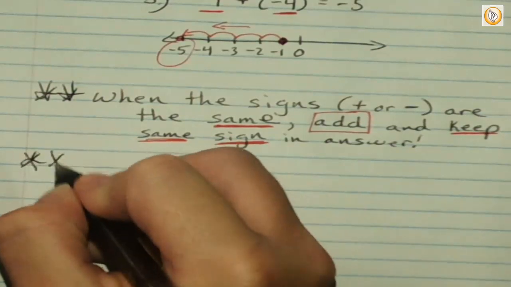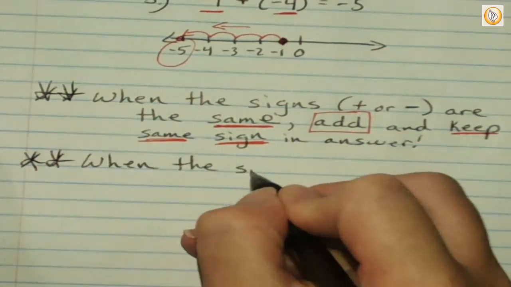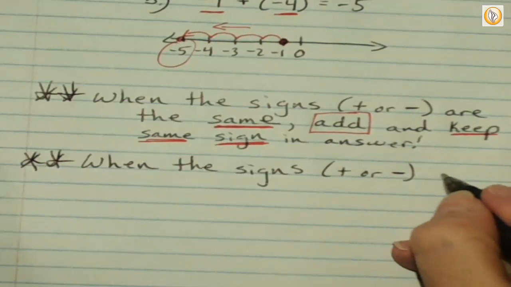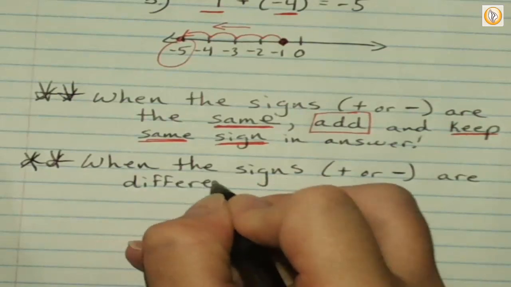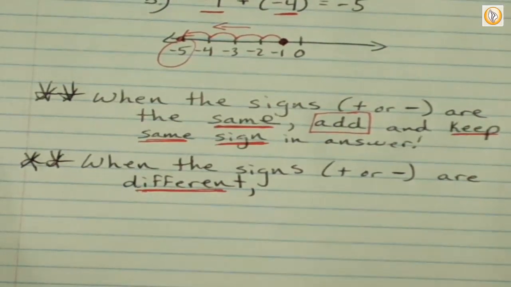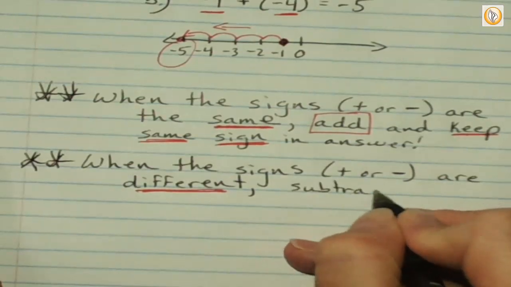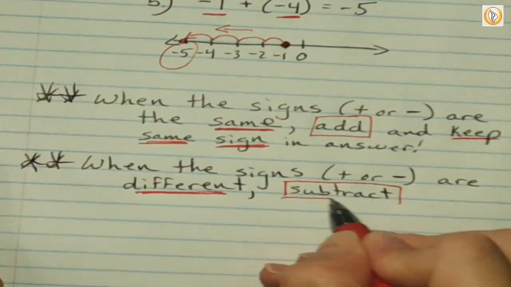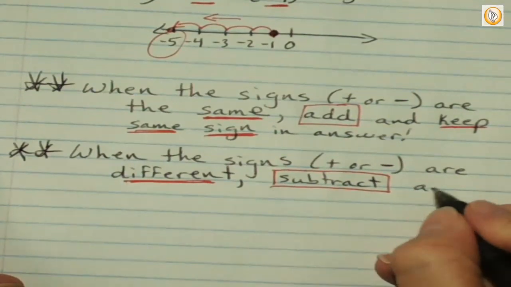Okay, here we go. 2 stars again. When the signs, plus or minus, are different, this time you're going to subtract. I have boxes to draw your eyes to that.